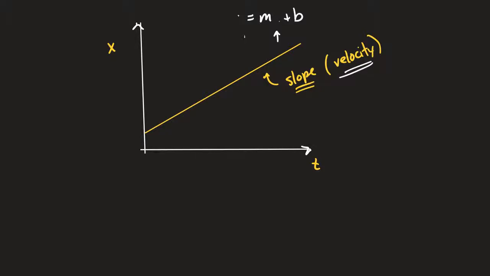The Y was where you were. It was the position, the vertical part of the graph. The horizontal part of the graph was when. And we've already figured out that the slope was the velocity.